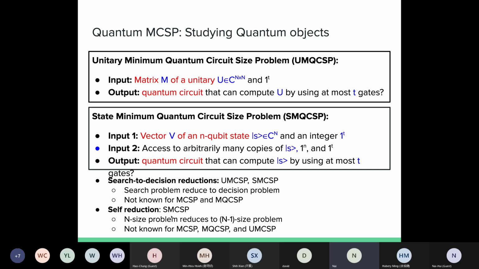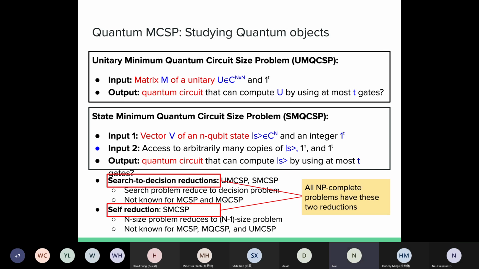Also, this property is not known for MCSP, MQCSP, and even UMCSP. And you need to be aware that if it is an NP-complete problem, then it must have these two reductions. All NP-complete problems, like SAT or subset sum, need to have search-to-decision reduction and self-reduction.